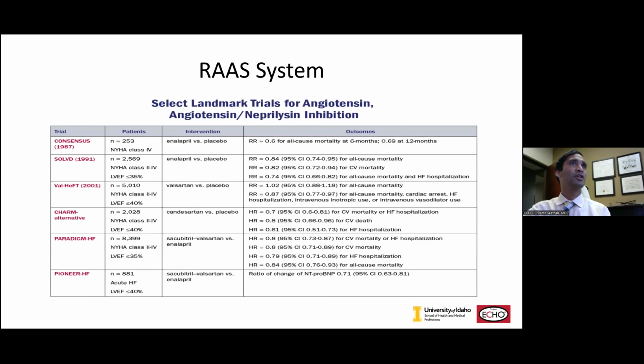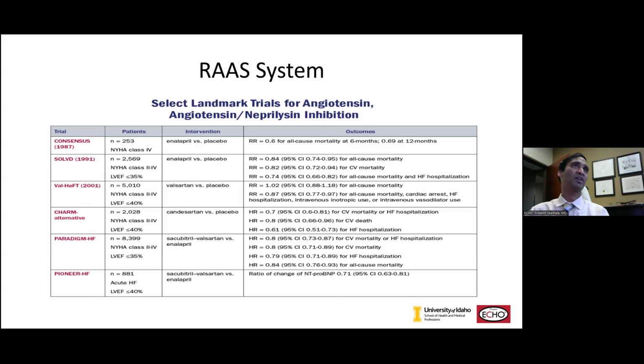Next slide. There are lots of clinical trials that determined what we are doing in heart failure management. The first drugs that came into the market and showed a clear-cut mortality benefit are RAS system controllers like ACE inhibitors. The first trial is the CONSENSUS trial in 1987, and before that a captopril trial was done that clearly showed mortality benefit.